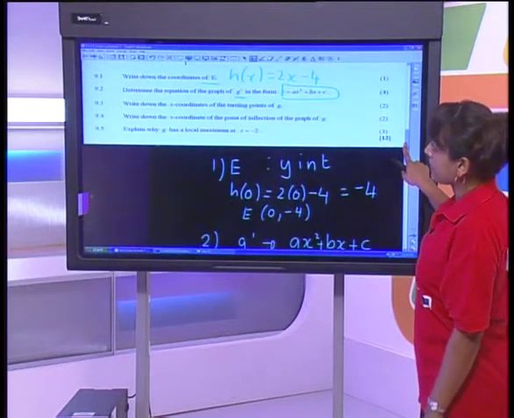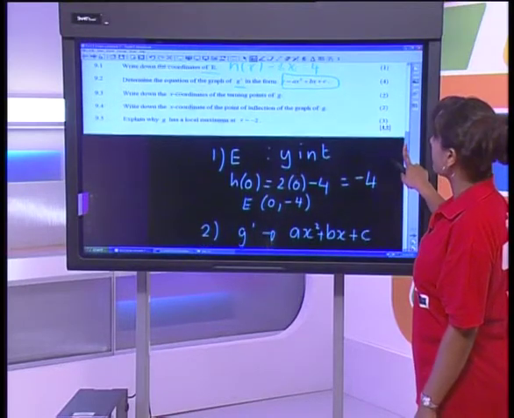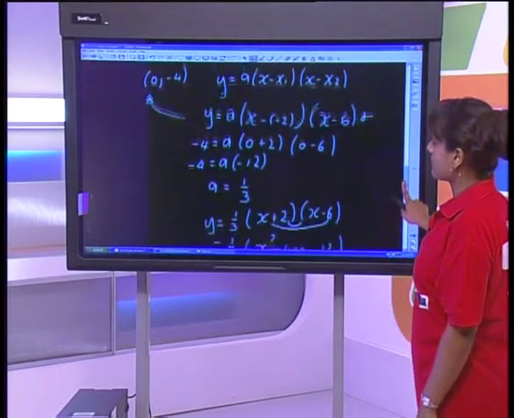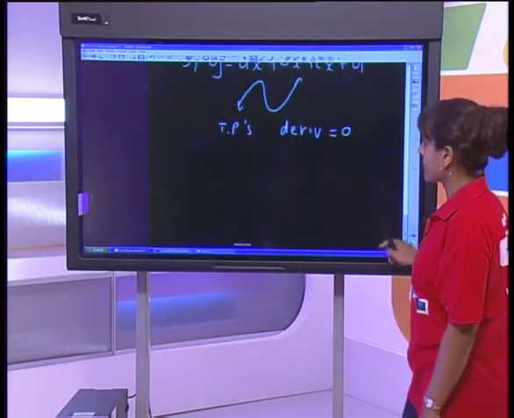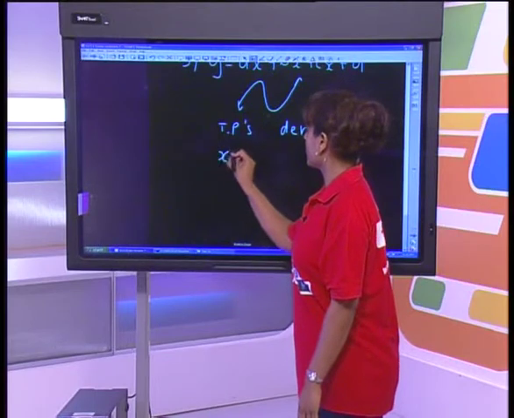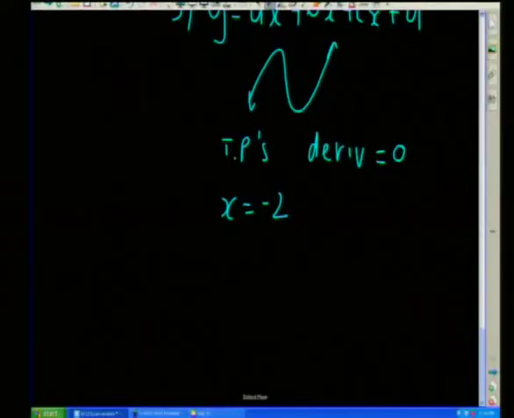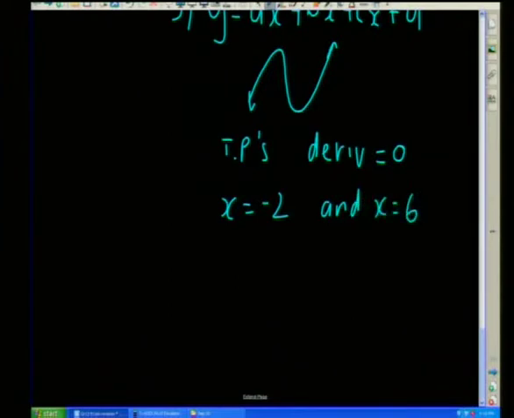And that's the answer for that one. Write the x-coordinates of the turning points of G. And the answer there is going to be x is equal to -2 and x is equal to 6. And this is an important concept, so I hope you guys understand that.